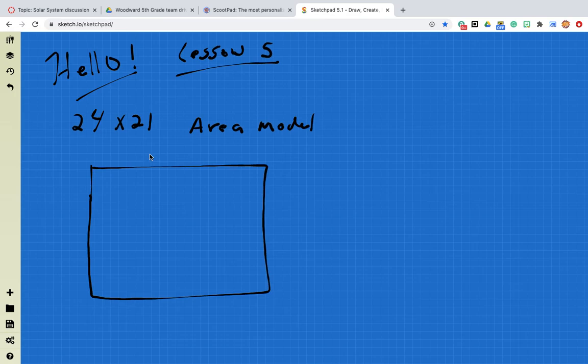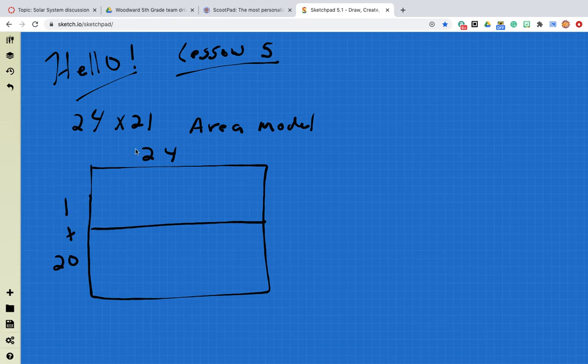Let's say I'm going to put 24 up here, and down here I'm going to break that into 20 plus 1. The reason I did that is that 20 is really easy to multiply by and 1 is really easy to multiply by. So I broke that into 20 plus 1, which is the same as 21.